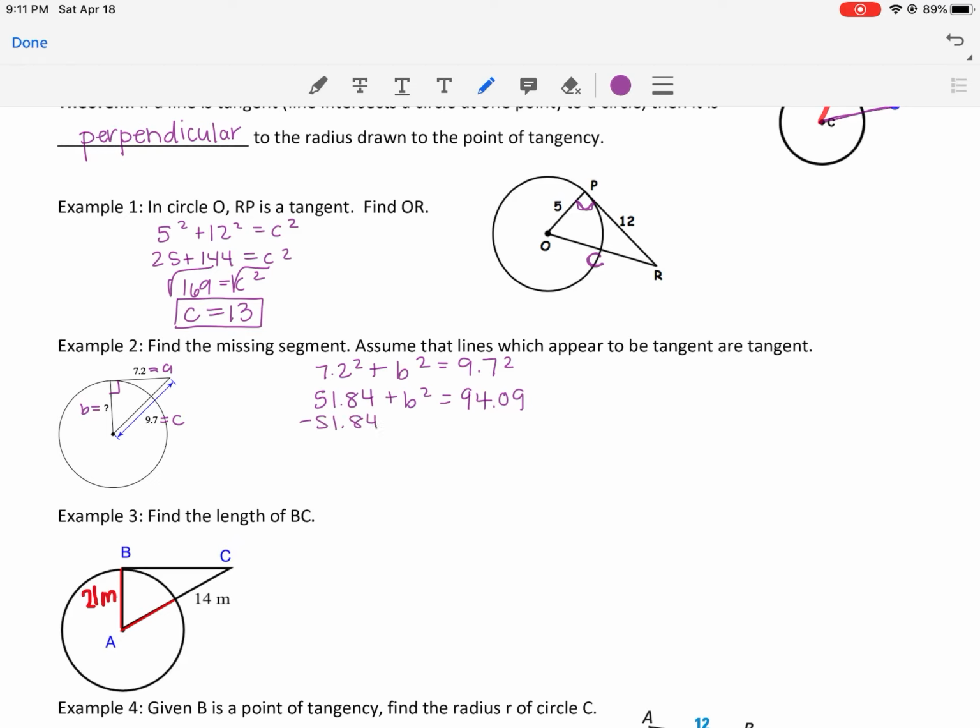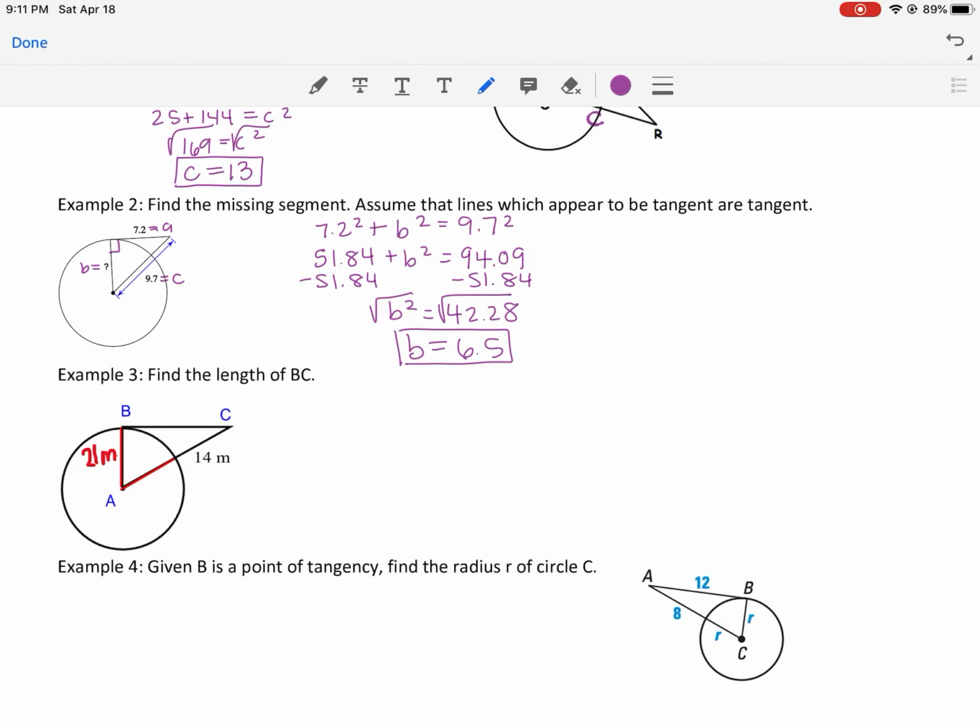Subtract 51.84 from both sides, and we end up with b squared equals 42.28. Since this is not an integer, we're going to get a decimal as an answer anyway, so this one you probably would approximate. So I would just type in the square root of 42.28 on your calculator, and you end up getting b is approximately 6.5.